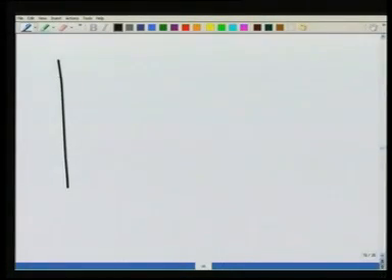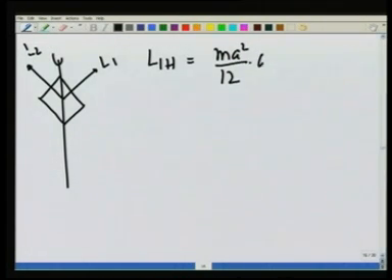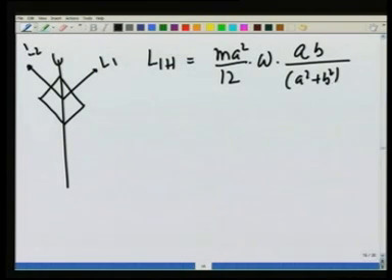Let me rewrite it. So, I have this body, this is L1, L2. L1 horizontal component is m a square over 12 omega sin theta cosine theta, which I can now write as ab over a square plus b square.